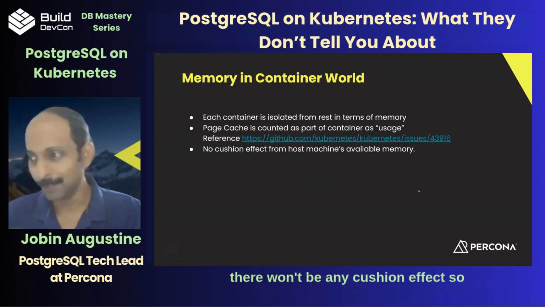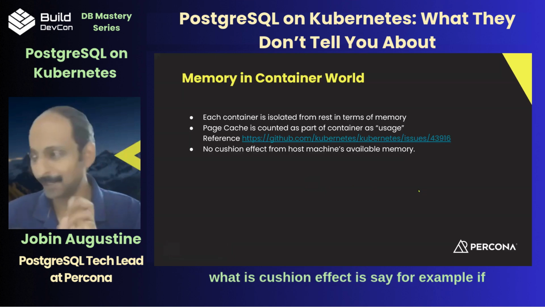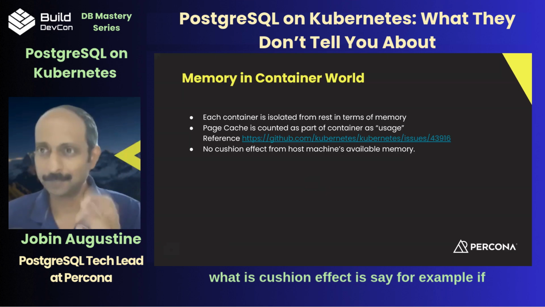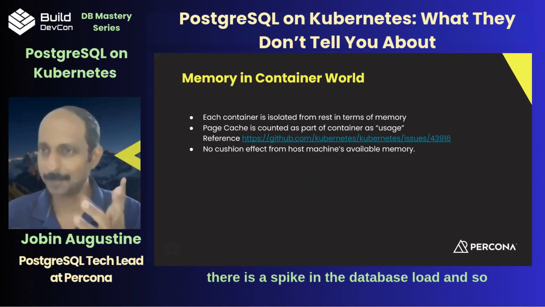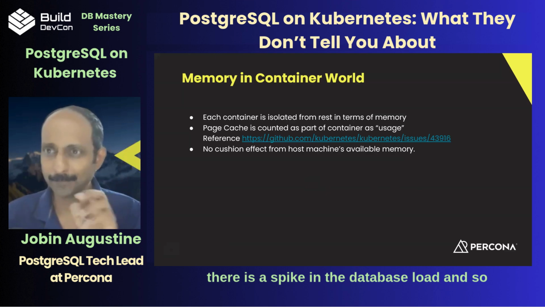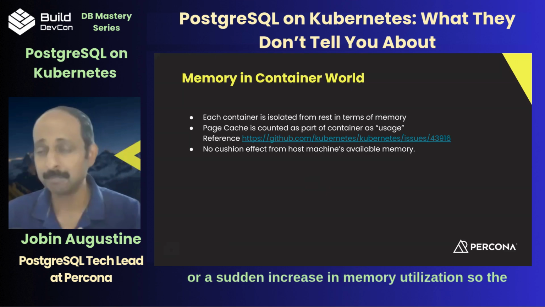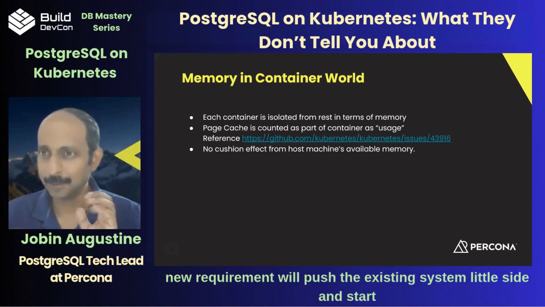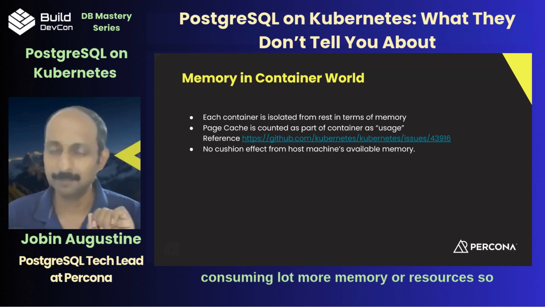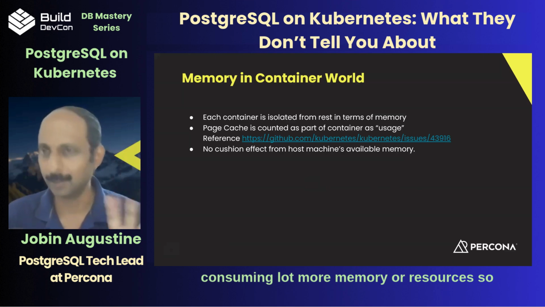And there won't be any cushion effect. What is the cushion effect? Say for example, if there is a spike in database load, or a sudden increase in memory utilization, the new requirement will push the existing system a little to the side and start consuming a lot more memory or resources.